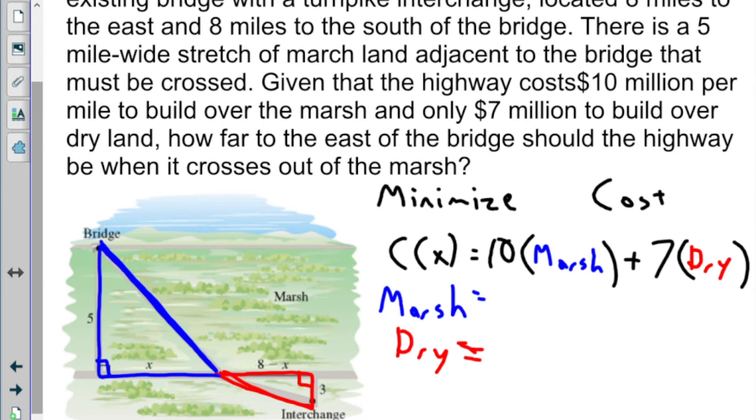So if it's a hypotenuse of a right triangle, then what we should be able to set up is the Pythagorean Theorem to get this distance in terms of x. So this squared should be 5 squared plus x squared. And then to solve for it, I would take the square root. So the marsh distance is the square root of 25 plus x squared.